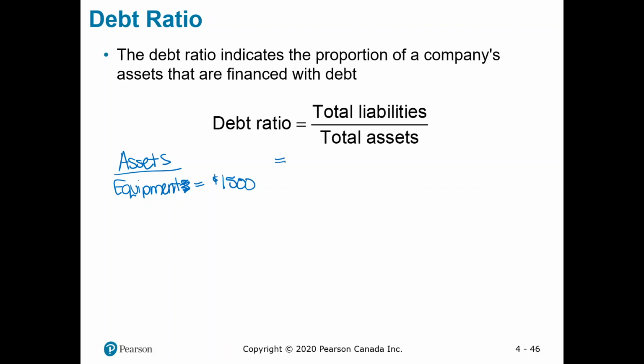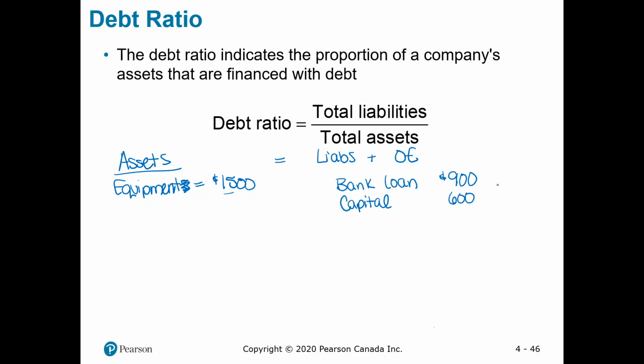We know our assets need to equal our liabilities plus our owner's equity. So the way that we paid for this equipment, first, we needed to take on a bank loan of $900. And the other way that we did it was we are the owner, we invested money.